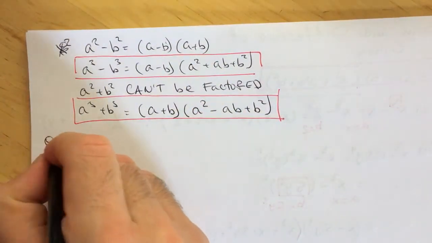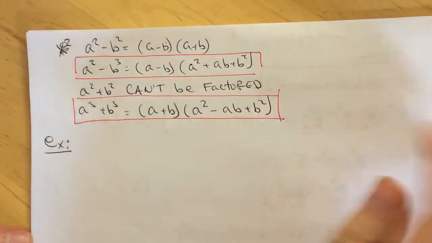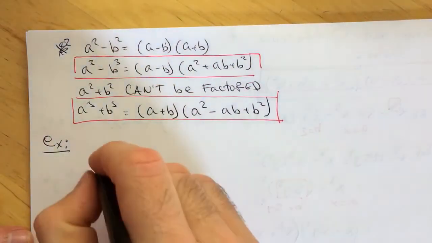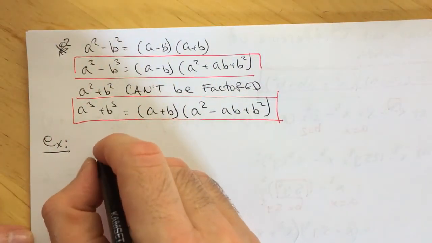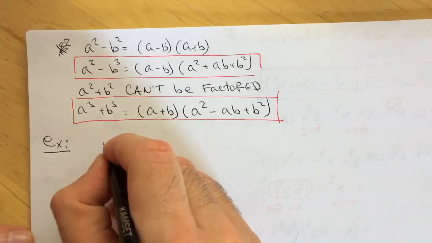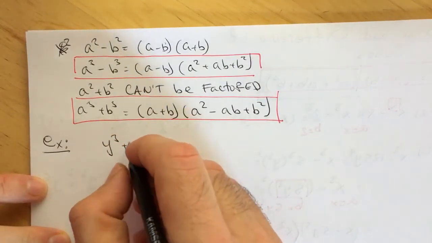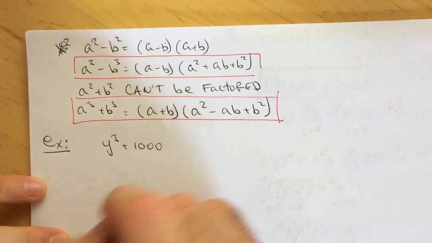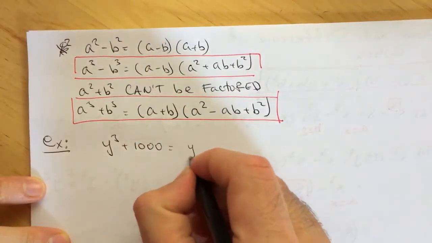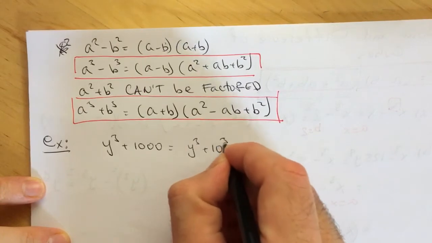Okay, so for example, if I need to factor y cubed plus 1000, that's equal to y cubed plus 10 to the power of 3.